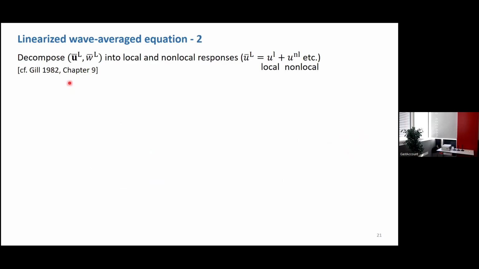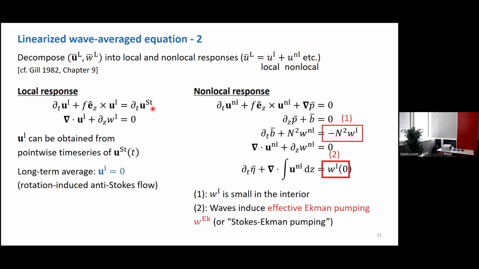We further decompose the Lagrangian velocity into local and non-local responses, following the procedure done in the textbook of Eul. The local response is the velocity response at the local forcing. So there's no pressure gradient term that propagates the information in a spatial sense. And also the local response velocity retains the incompressibility.